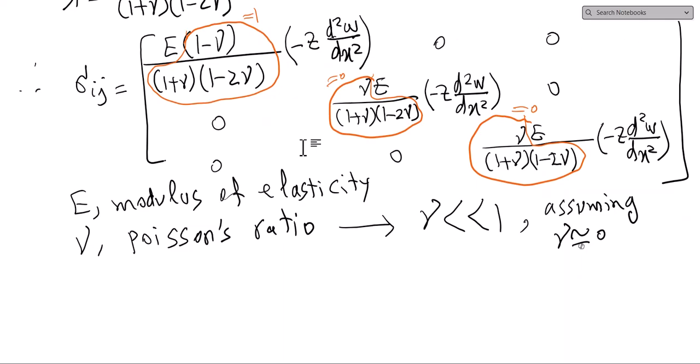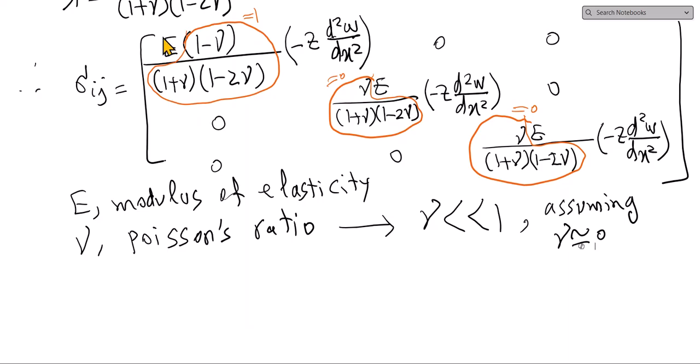If you have a material where you cannot ignore those, or even if you don't consider mu 0, you see here that mu is directly multiplied by E in this term and in this term, and mu is very small.